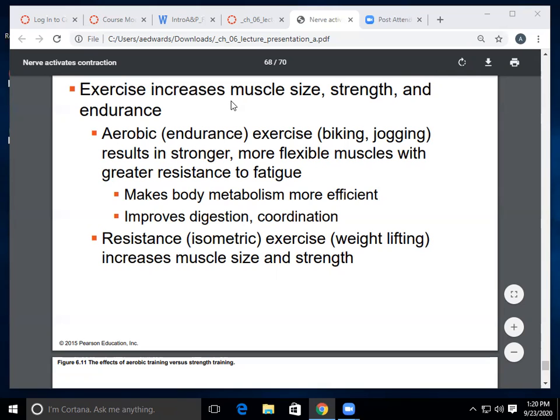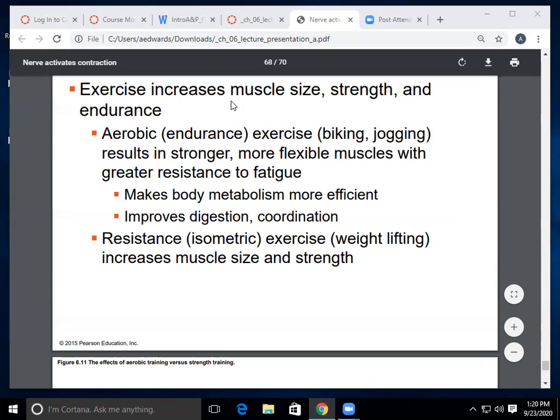Your body metabolism becomes overall more efficient when you exercise. You have better digestion, better coordination, and your body gets more out of the food that it eats. With resistance training and more isometric type exercises, you get more size and strength.